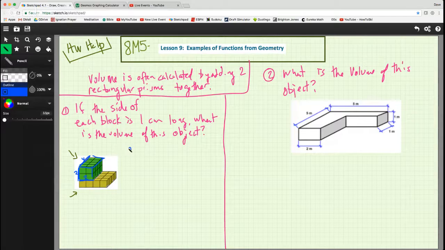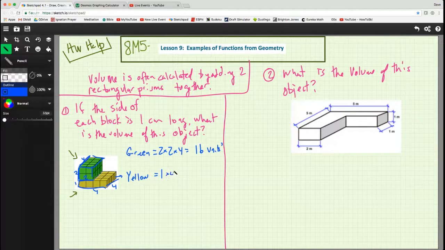So our green equals 2 times 2 times 4, which is 16 units cubed. And we don't know what the units are, so I'm just going to call them units cubed. And then the yellow is, well, that's 1 by 4 by 4.